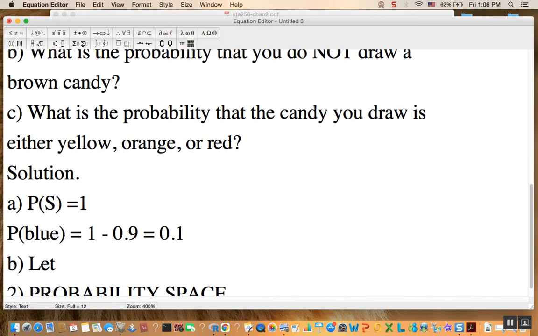So let the event brown be denoted by A5. Okay?